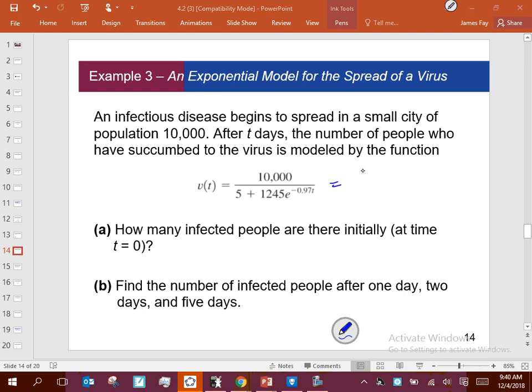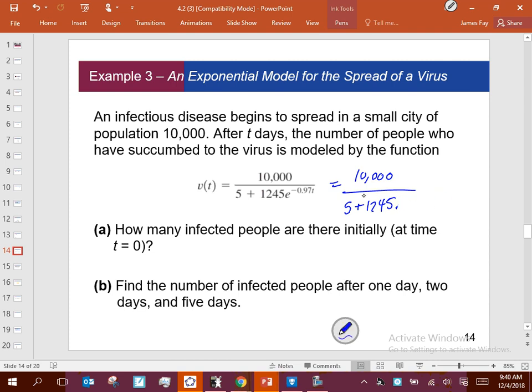So basically all we've got to do, we see initial. Initial means what? Time is always what with initial? 0. So we got e to the negative 0.97 times 0, which is just e to the 0. What's e to the 0? 1.